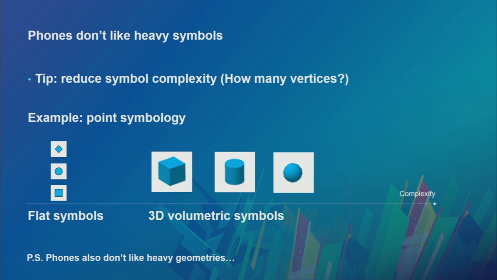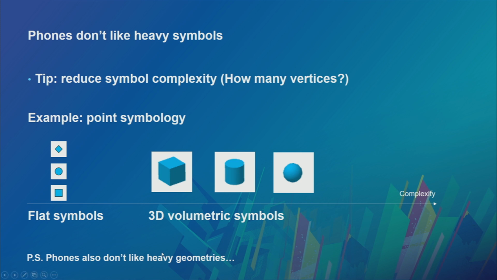The number of vertices. So flat symbols would be like one vertex, and then you have one image that's fairly simple to display. It grows in complexity when you have symbols that become, for example, cubes. We call them volumetric symbols, and the more vertices you have, the more complex it becomes, and the more time it takes to render.